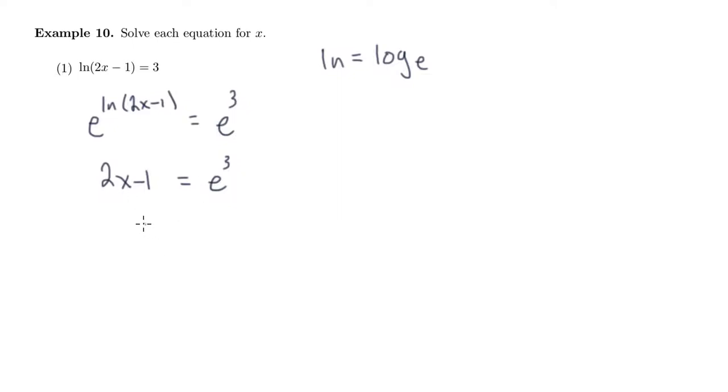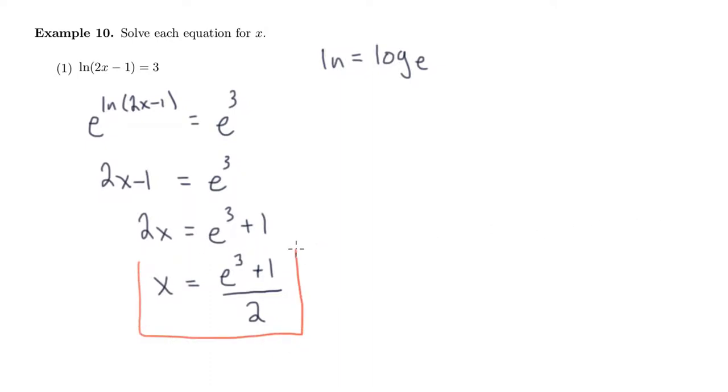So I can add 1, so 2x is equal to e to the third plus 1, and then divide by 2. E to the third plus 1, all divided by 2. And this will be our final answer. So again, we're just using the inverse relationship between logarithms and exponentials.